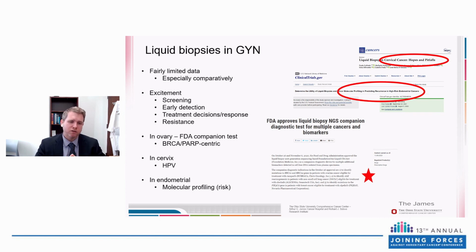In cervix, there's a lot of interest in looking at HPV specifically, and in endometrial cancer, in looking at different molecular profiling for recurrence risks. So within each cancer type, there are particular questions we're really looking at and applications we can take hold of. Not really broad strokes here, but focusing in on particular things.